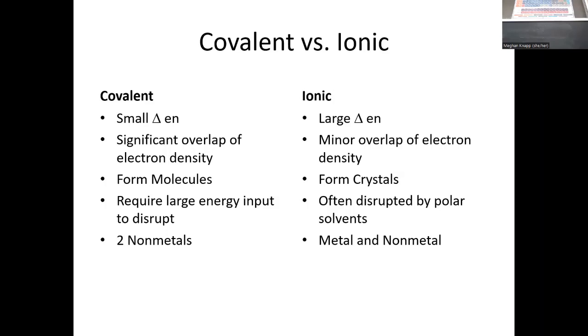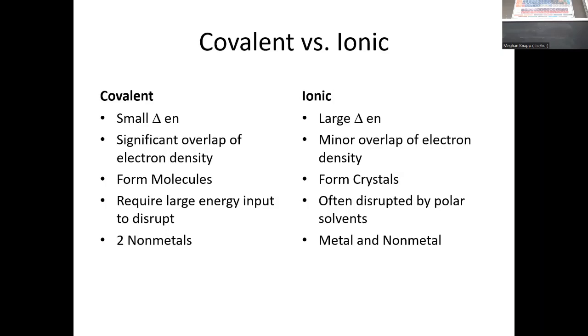If I have a very small difference in electronegativity, I'm thinking covalent. If I have a significant overlap of electron density, so that's what those 2 cone graphs were when they were overlapping each other a lot, that would be covalent. When they were far apart and the dip goes all the way down to the bottom, that would be more ionic.